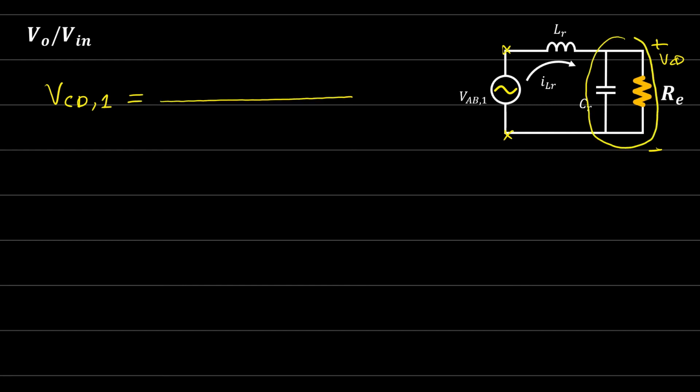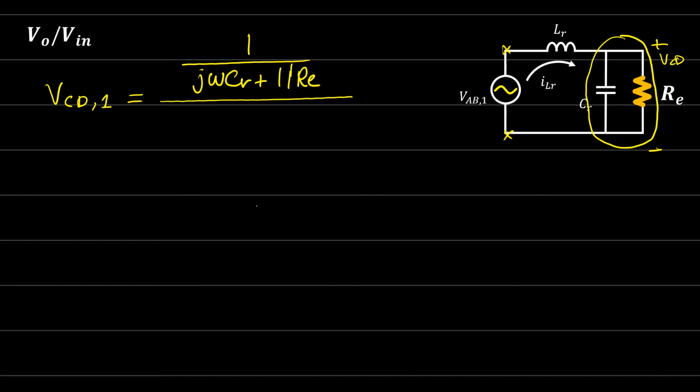The impedance of this network, the resistor and the capacitor, and this is equal to how much? These are in parallel, so this will be 1 over j omega C_R, plus 1 over R equivalent.